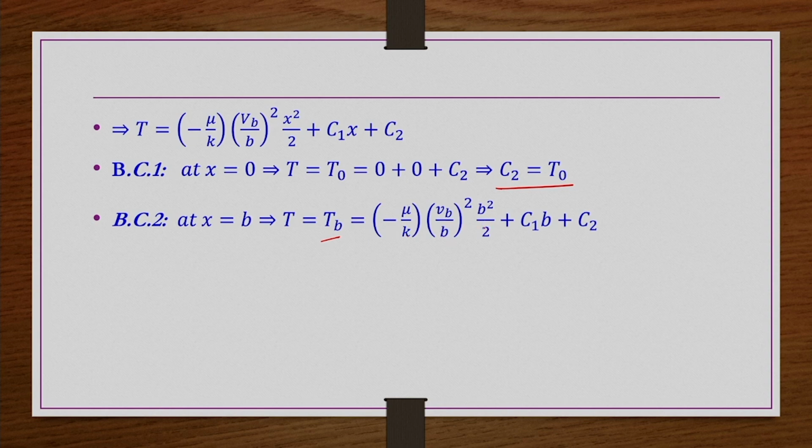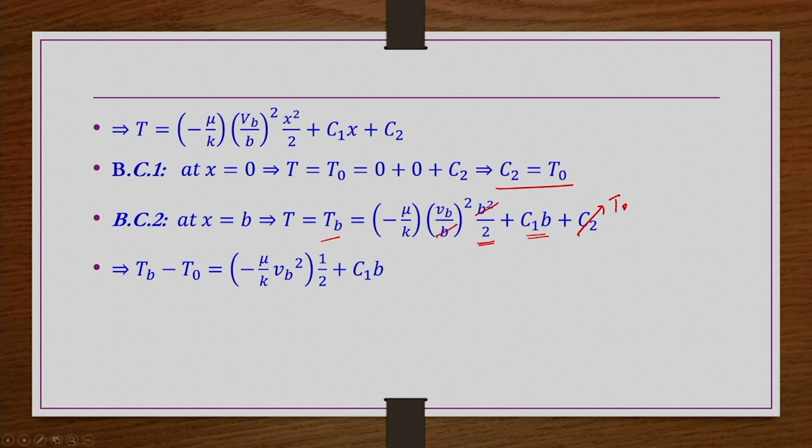In place of x square by 2, now you have b square by 2, plus in place of C1 x you have C1 b plus C2. C2 you already got as T naught. Now, this T naught we take to the left hand side. So, Tb minus T naught equals minus μ by k Vb square times 1 by 2 plus C1 b, because this b square can be cancelled out.